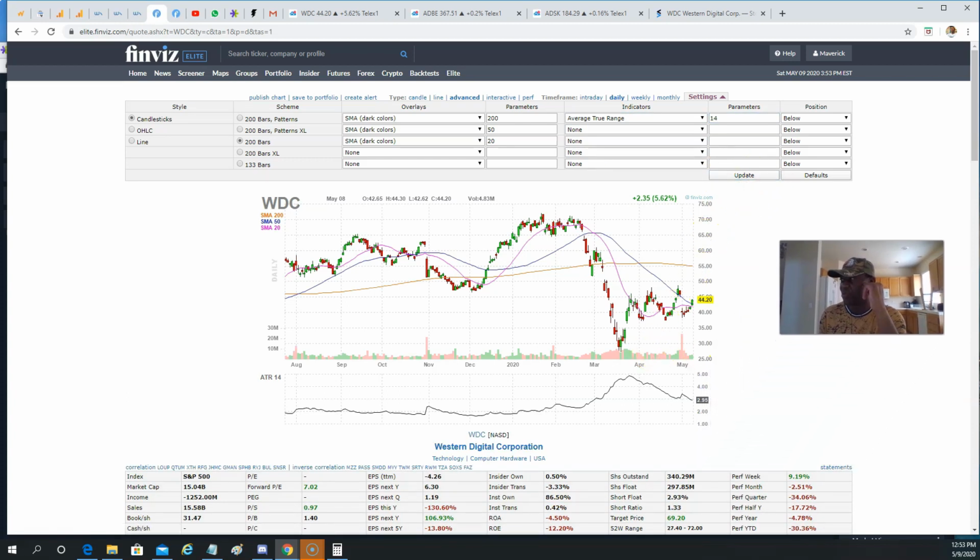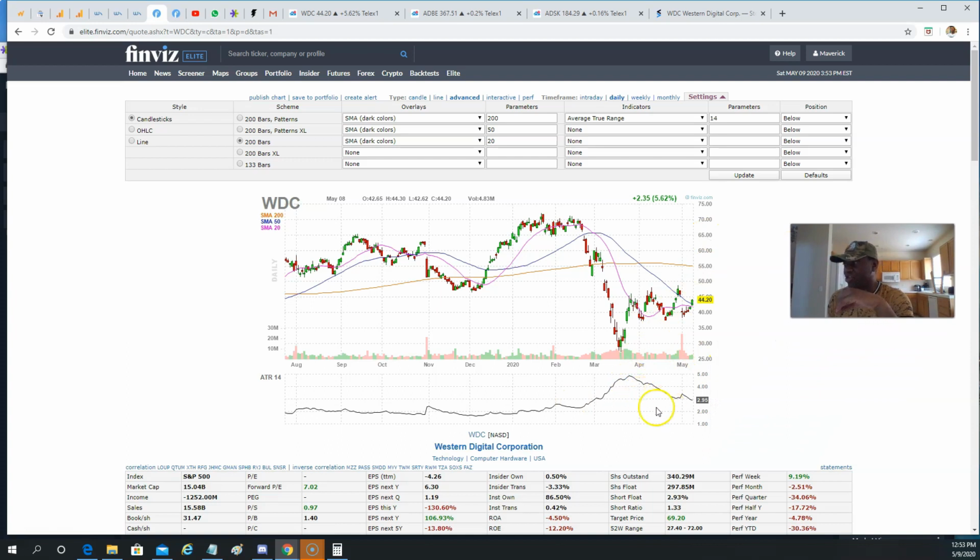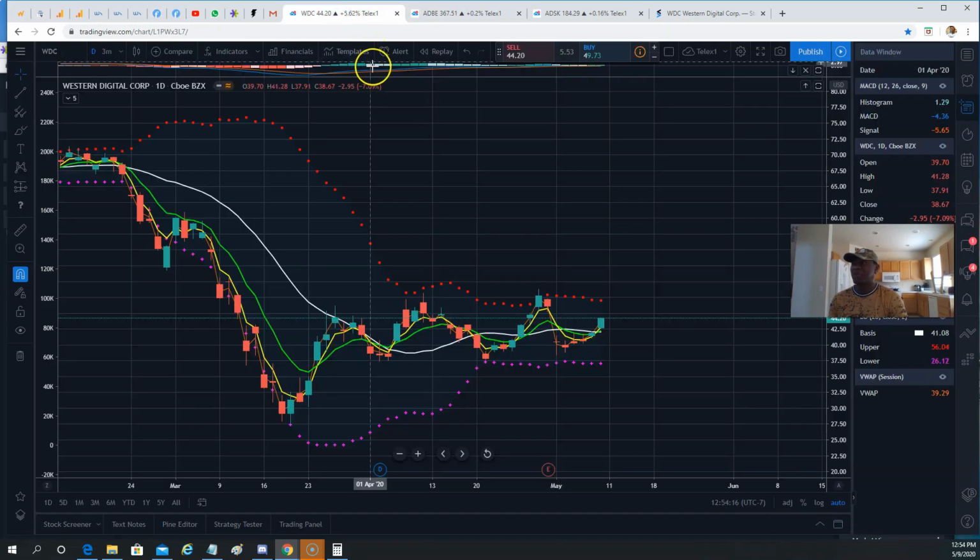The average true range for Western Digital has been creeping up, especially since the increased volatility, like most stocks. $2 per day, then it went to almost over $4 per day, and recently it's settling just shy of $3. $3 per day on a $40 stock gives you an idea. On a $40 stock, $4 is 10%. So that's the average true range per day.